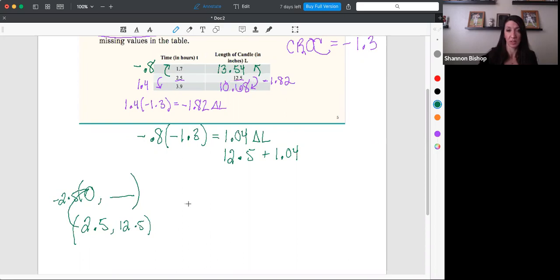So how much would the length have changed? Well, back in time, 2.5 hours at a rate of negative 1.3 inches every hour tells me that the change in the candle for that span of time, negative 2.5 times negative 1.3, is 3.25.